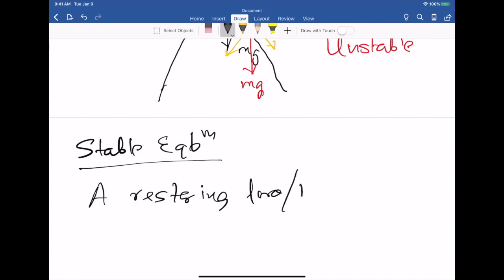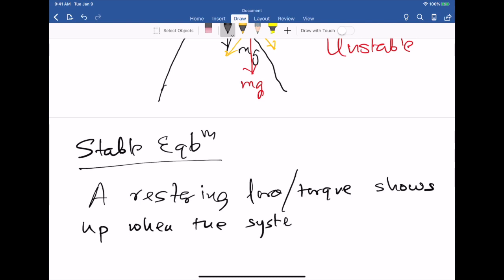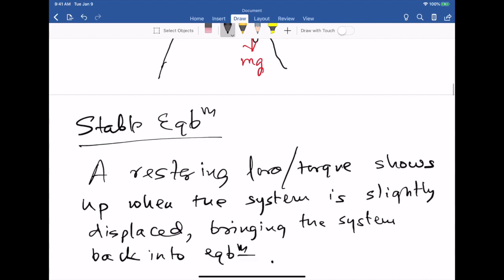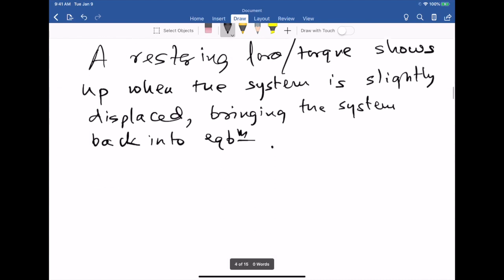So a restoring force or a torque shows up when the system is slightly displaced, bringing the system back into equilibrium. So that is what happens in stable equilibrium.